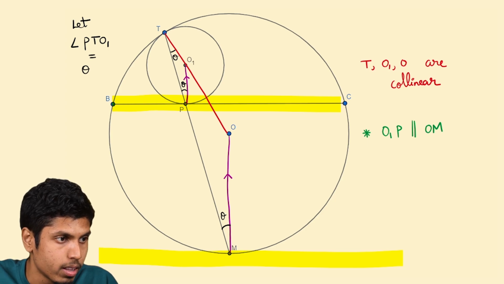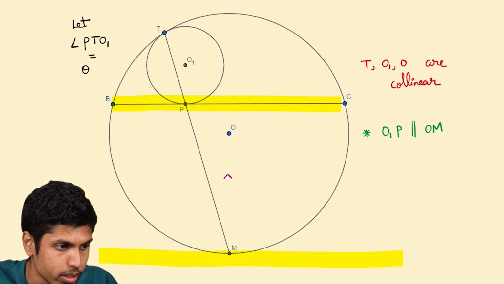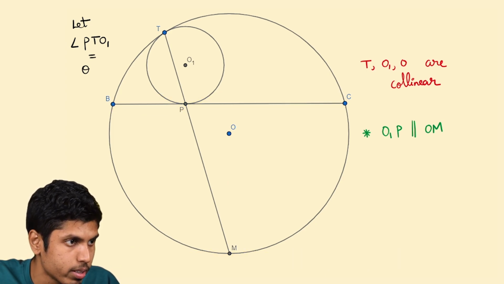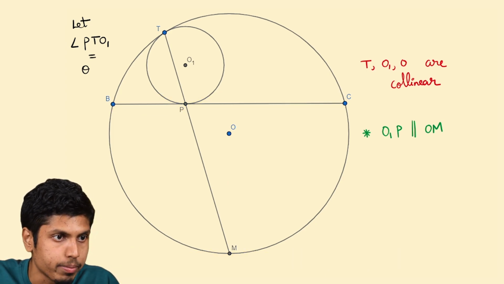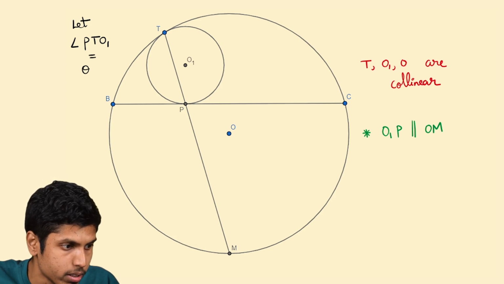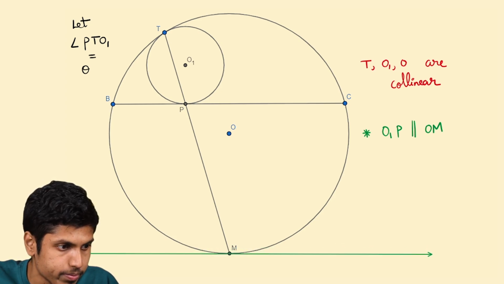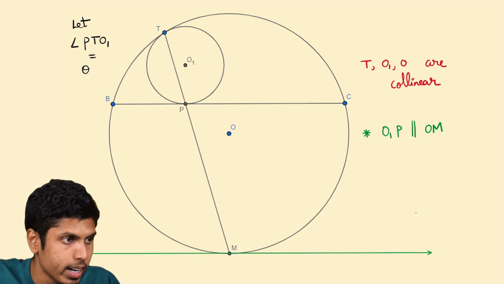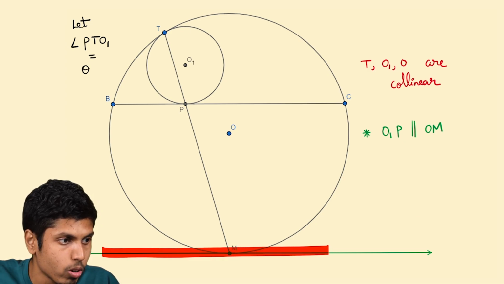Well, let's now erase these segments. We now have the tangent at M to the bigger circle, and it is parallel to the chord BC.